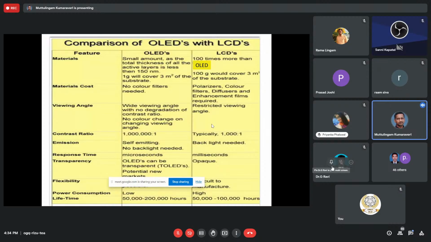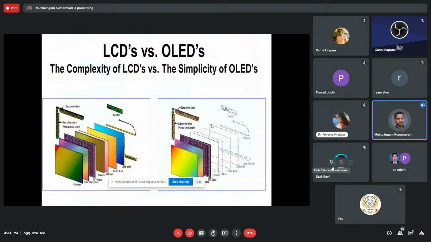And power consumption of OLED is very low compared to LCDs. So that's why we need some development from the LCD to save more energy.